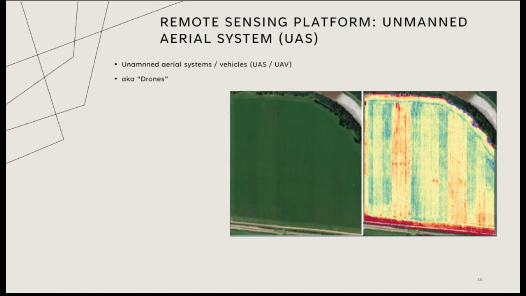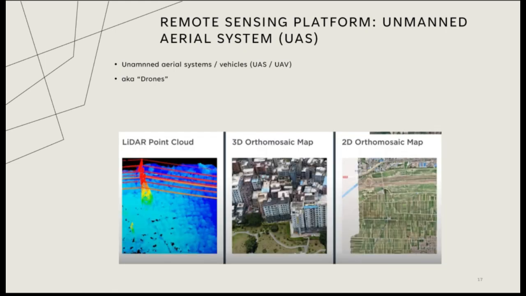You can get actual visuals, including these orthomosaics, which are similar to the aerial photography images that we talked about before. You can make 3D maps like these buildings that kind of pop out and are really cool for urban planning purposes. Or you can come up with an actual 3D model via LiDAR, which again, we'll talk more about later on in this class, but those are the main platforms as considered in geospatial applications.